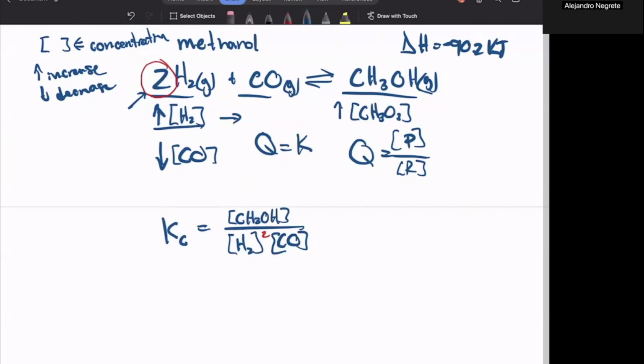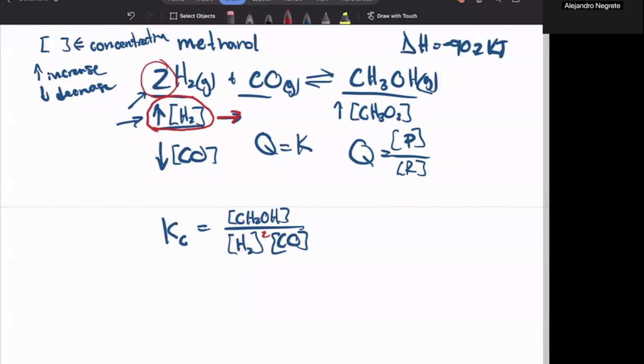We know what direction this is shifting, but there's other stuff involved when the reaction shifts because we made some change. If I add hydrogen gas and we increase that concentration, we just talked about this, that this would shift in this direction.